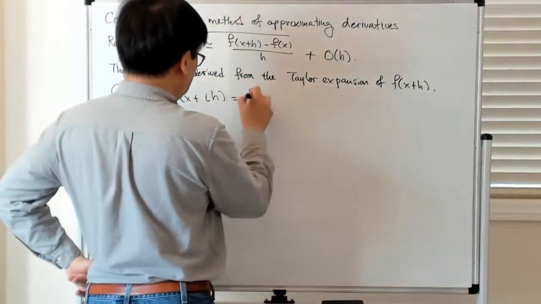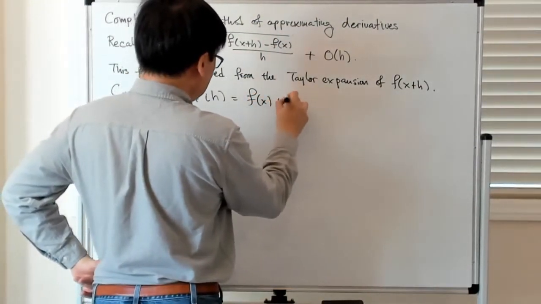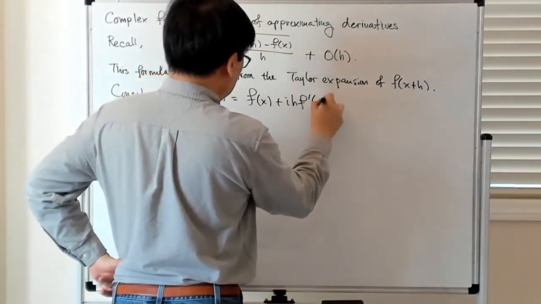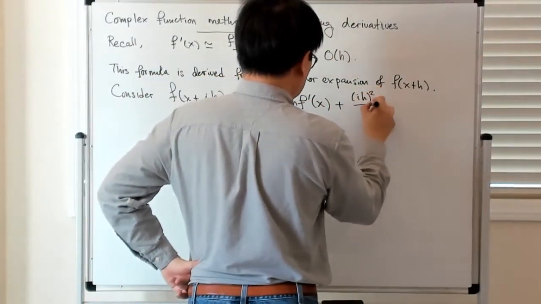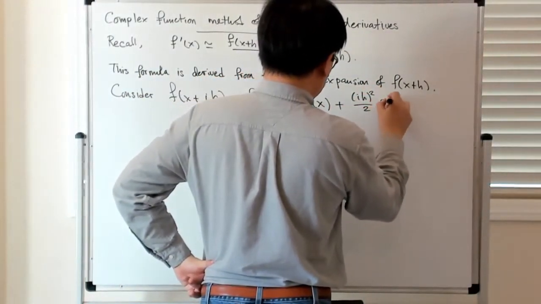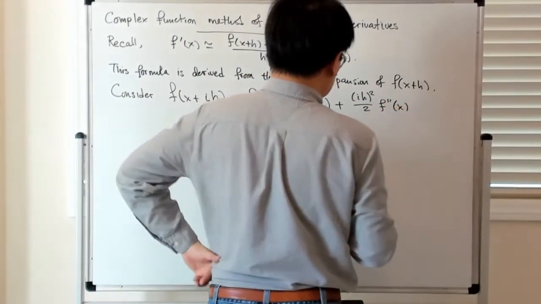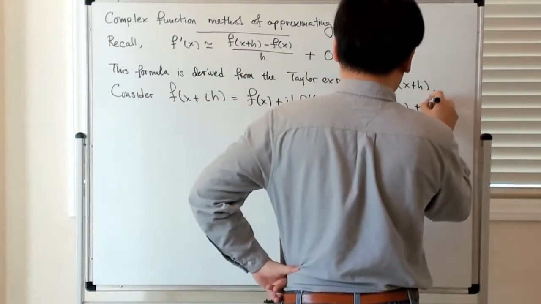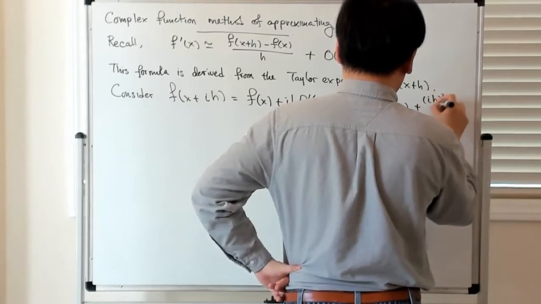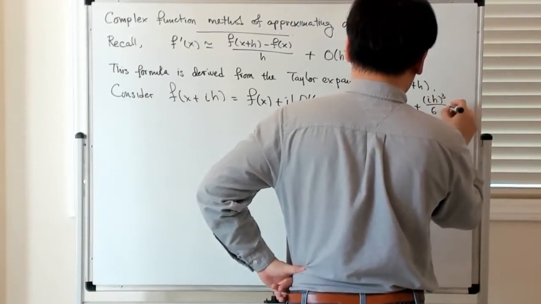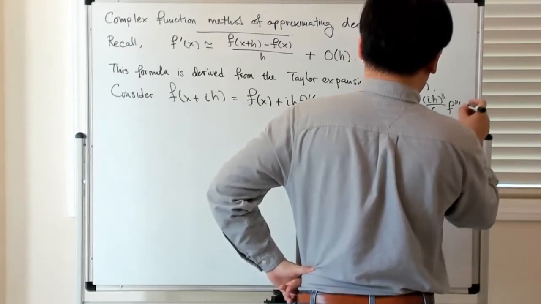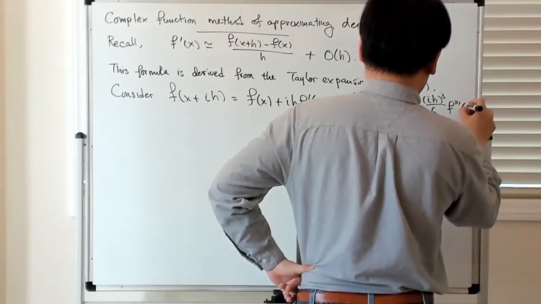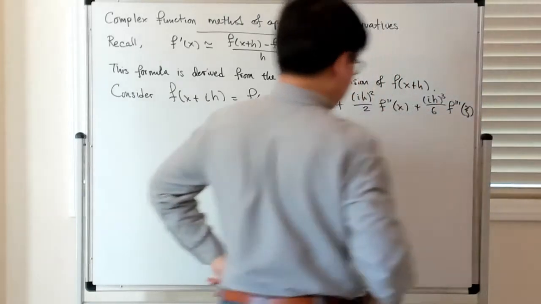So this becomes f of x plus i h f prime of x plus i h squared over 2 f double prime of x, plus i h cubed over 6 f triple prime at some unknown value, let's just say c.